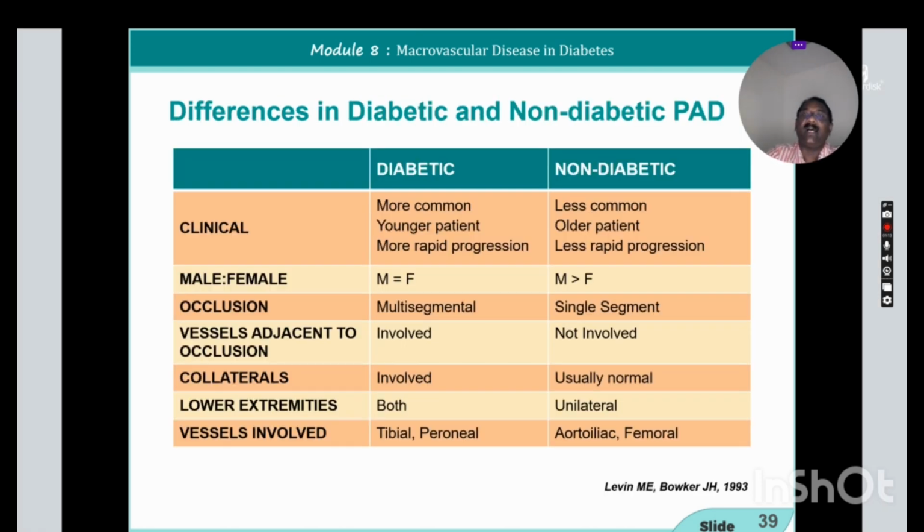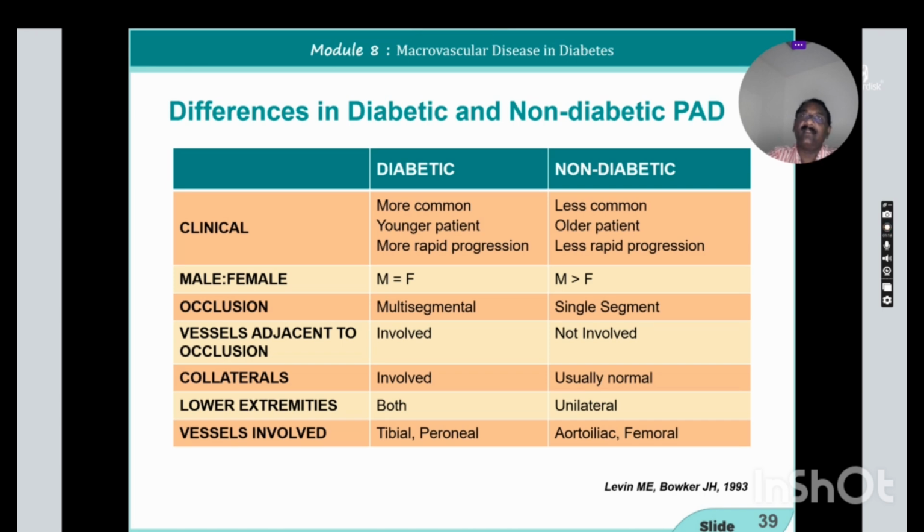See the difference between the diabetic and the non-diabetic. This is very important. In diabetics, clinical disease is more common when compared to non-diabetics because peripheral arterial disease is more common in diabetic individuals. Younger patients, more rapid progression. Whereas in non-diabetics it is less common, especially in older individuals because of the atherosclerosis there, with less rapid progression, insidious in onset and slow in its progression.